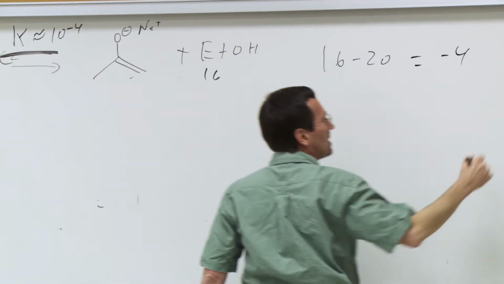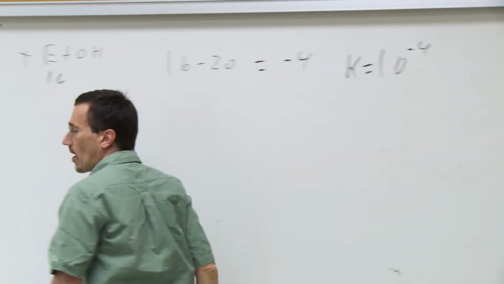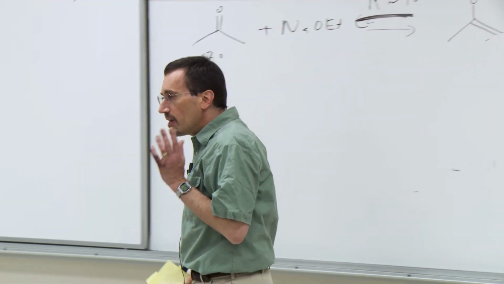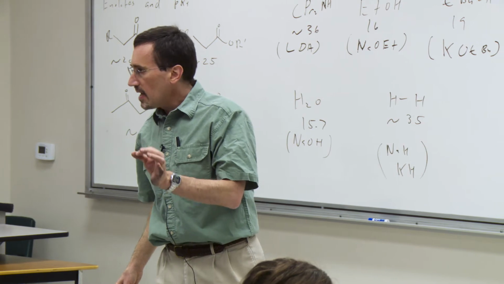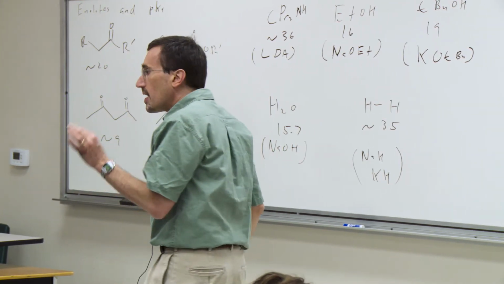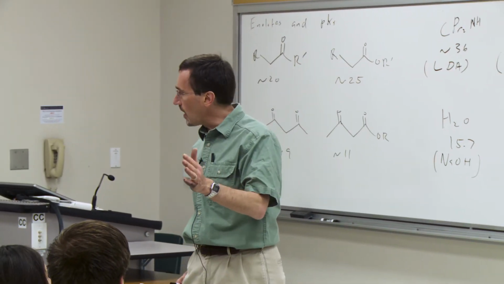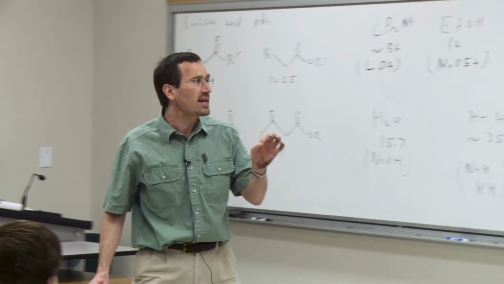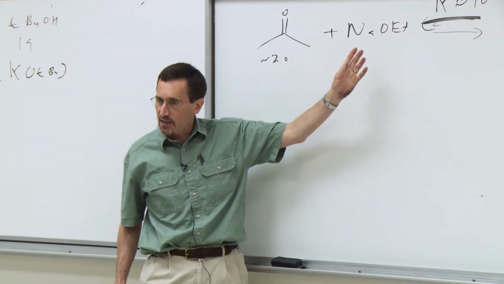It's a log scale, so that means 10 to the negative 4 for our equilibrium constant. The number isn't so important, but what does it mean? It means that when you have a base that's substantially weaker than the corresponding carbon acid, your equilibrium lies way to the left. You've got a teeny tiny fraction of a percent.